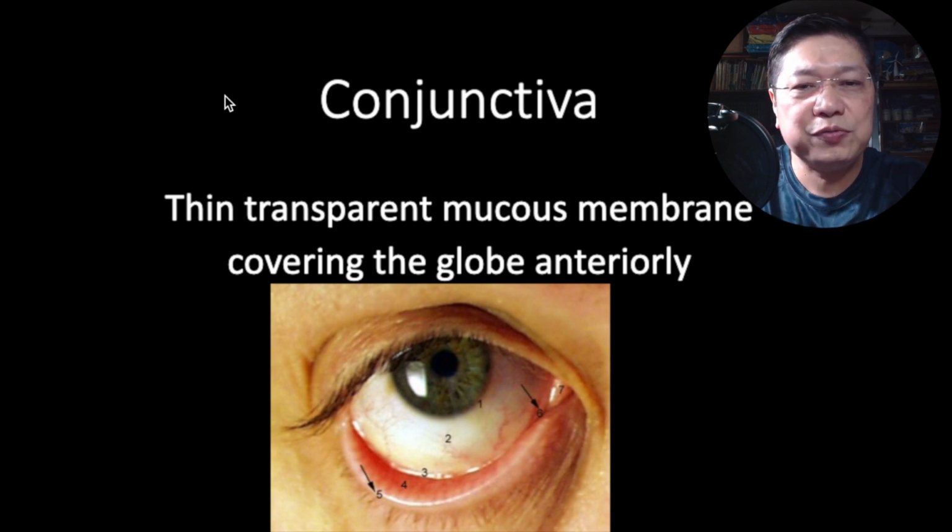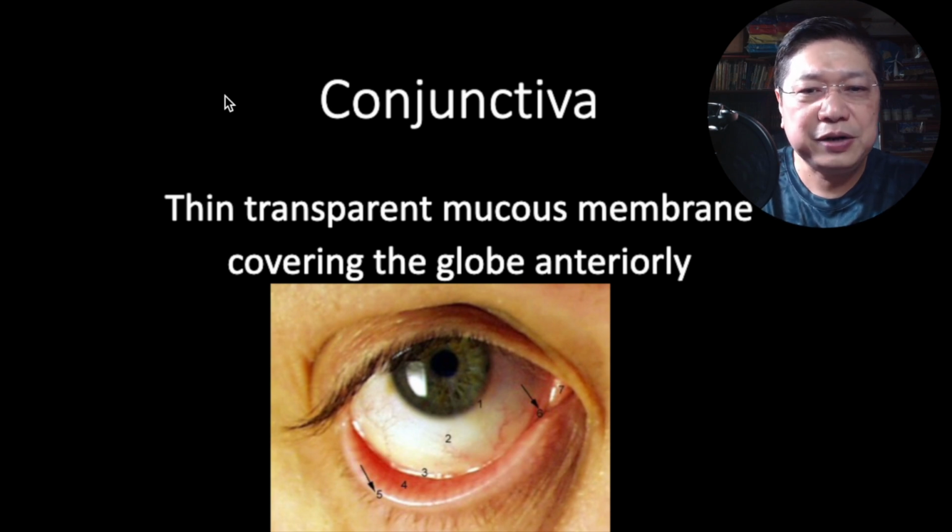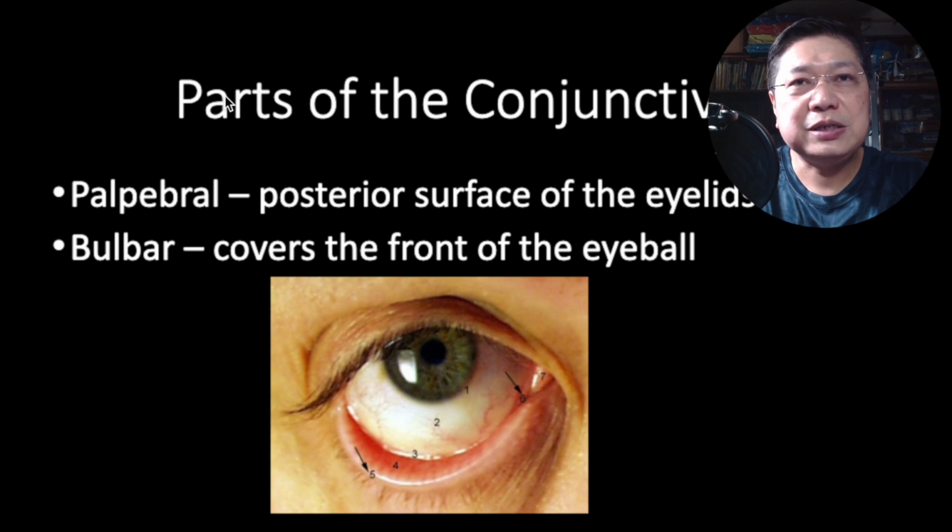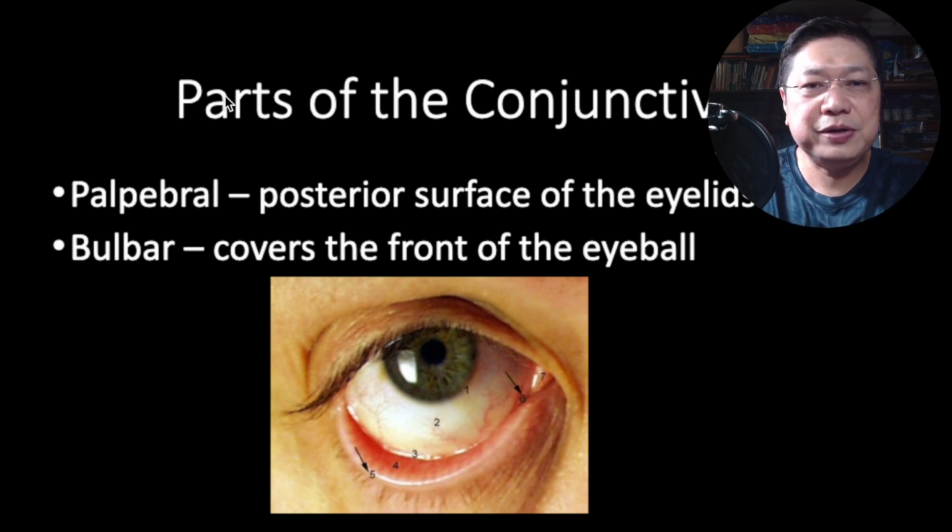It only covers the globe in front. Okay, so the conjunctiva doesn't extend to the back of the eye. It's just in front. You have two parts of the conjunctiva, the part that is covering the eyeball and the part that's covering the eyelids, but only the inner part of the eyelids are covered.